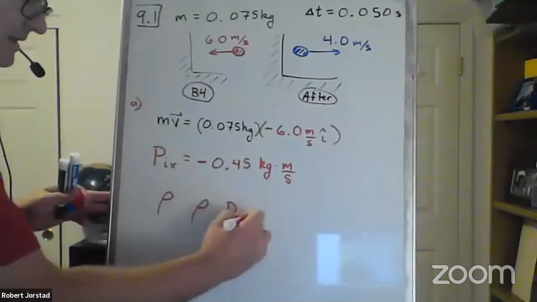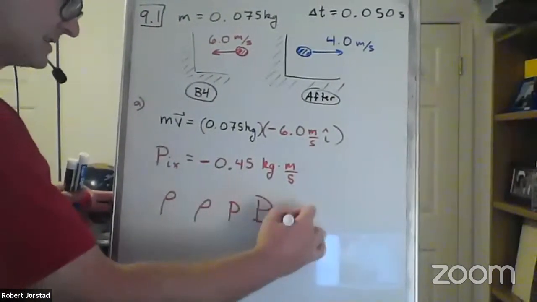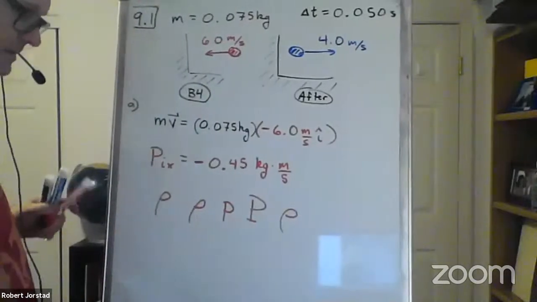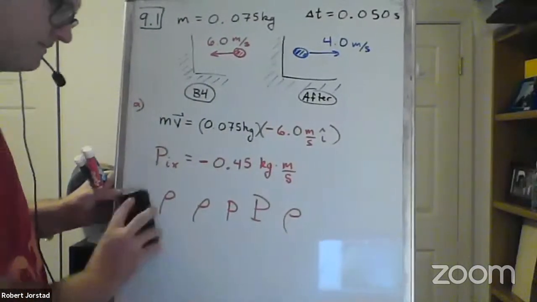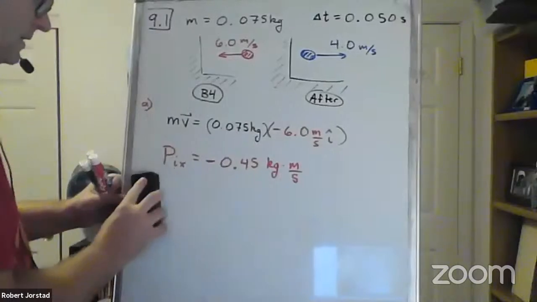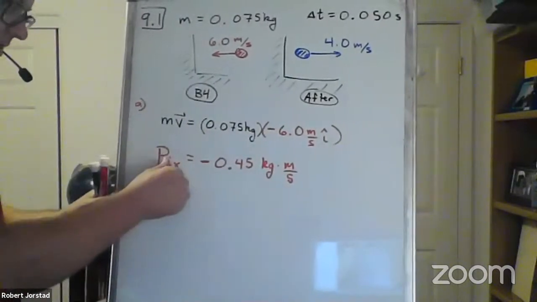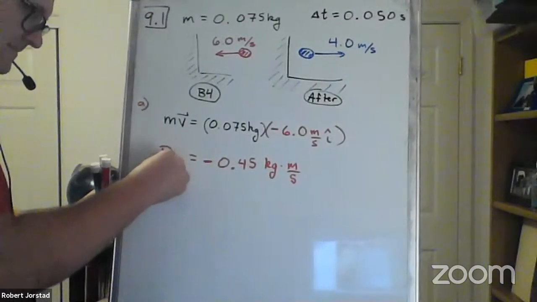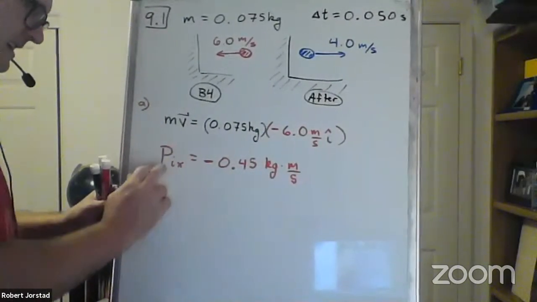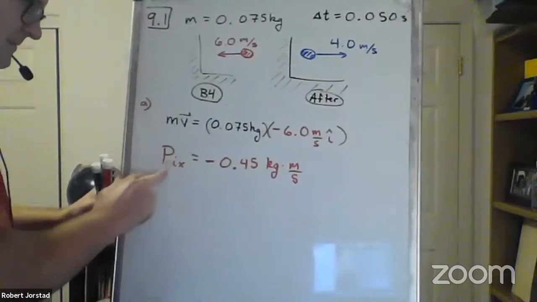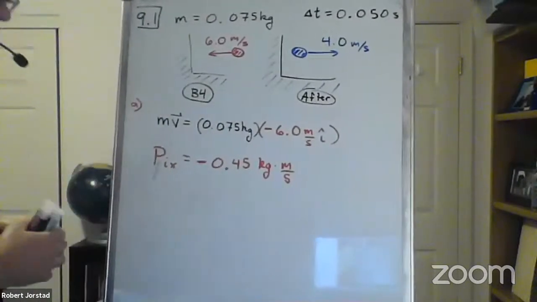So this is a p, this is a capital P, and this is a rho. Okay. Those details end up adding up after a while, for sure. Okay. Sorry. I don't know what that is. All right, good enough.